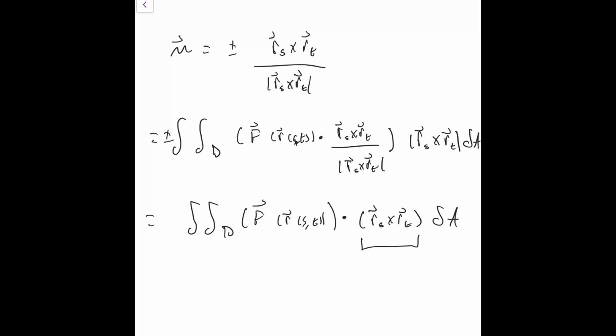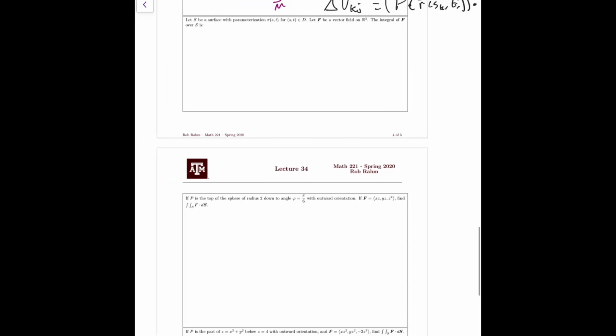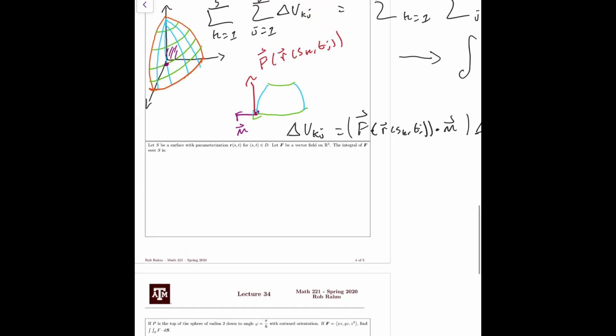And if rs cross rt is pointing the opposite direction, then the surface integral of the vector field is going to be equal to minus the integral. Okay, the orientation is very important. The orientation of the normal vector is very important, and it's going to be part of the problem solving.